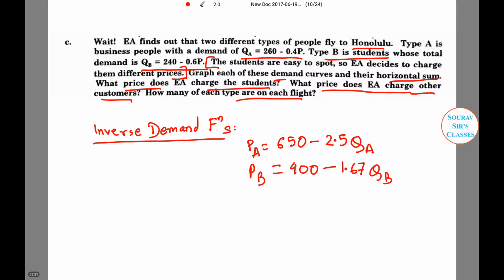Now, using the fact that the marginal revenue curve has twice the slope of a linear demand curve, we write MRA equals 650 minus 5QA, and MRB equals 400 minus 3.34QB.